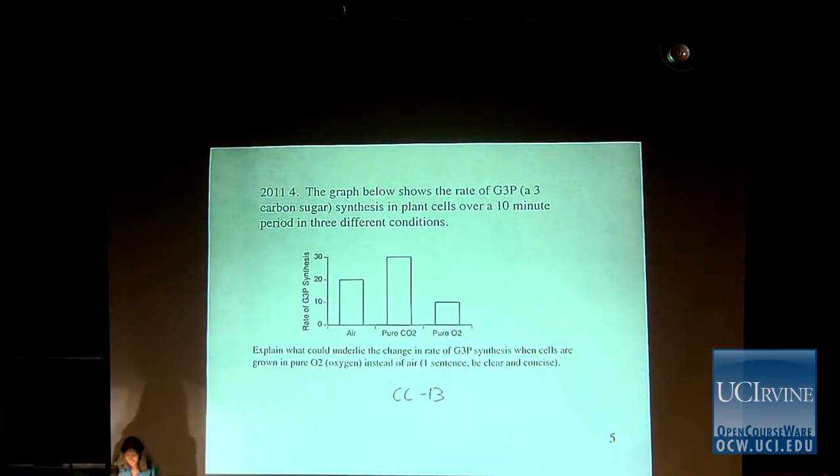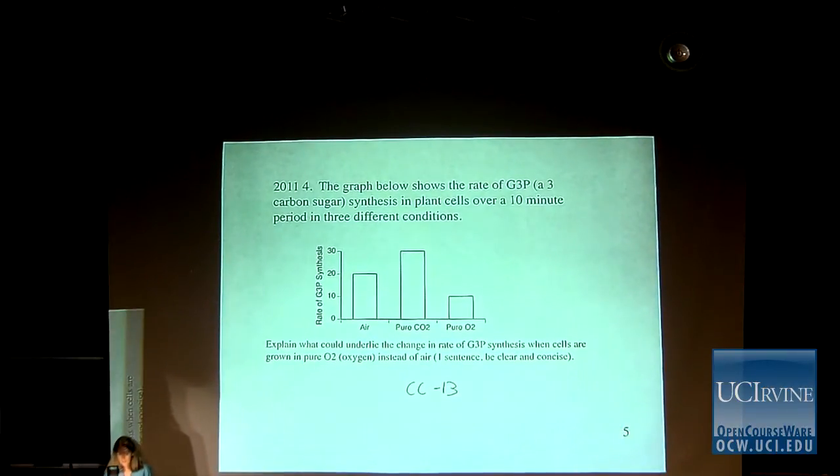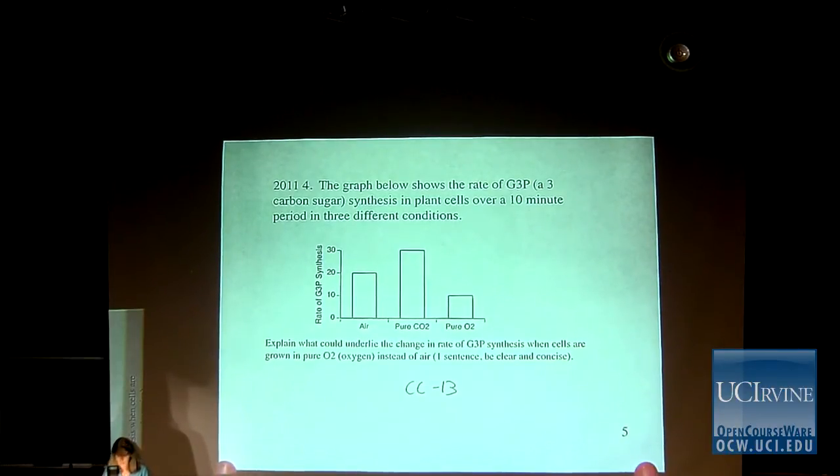The graph below shows the rate of G3P synthesis in plant cells over a 10-minute period in 3 different conditions. Explain what could underlie the change in rate of G3P synthesis when cells are grown in pure oxygen instead of air.